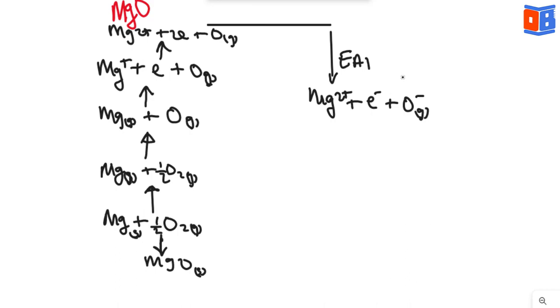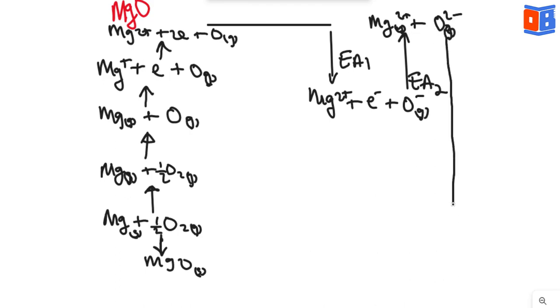And then oxygen will receive the second electron, and the enthalpy change now will be opposite. We will have EA2 and we have magnesium 2 plus ion plus oxide 2 minus, and when these 2 combine, they will give back our ionic compound, magnesium oxide.